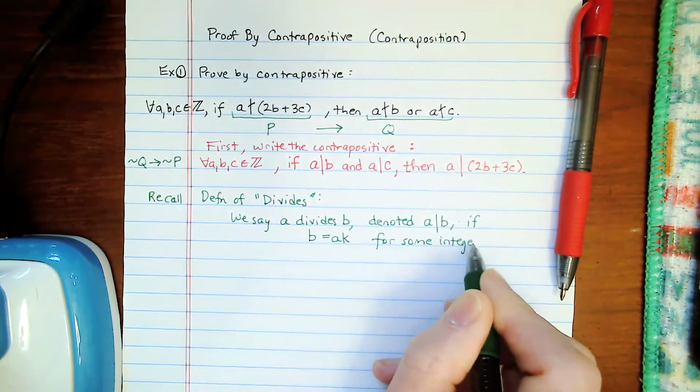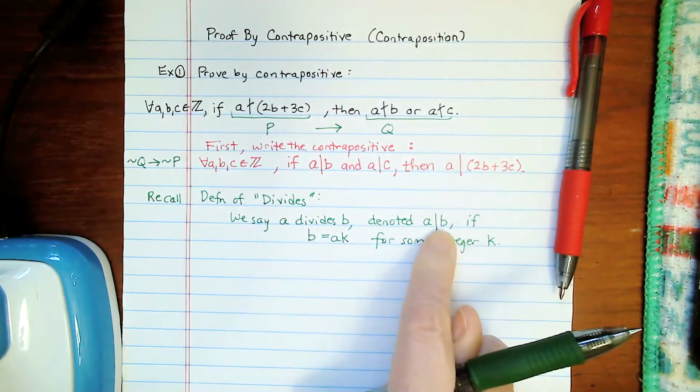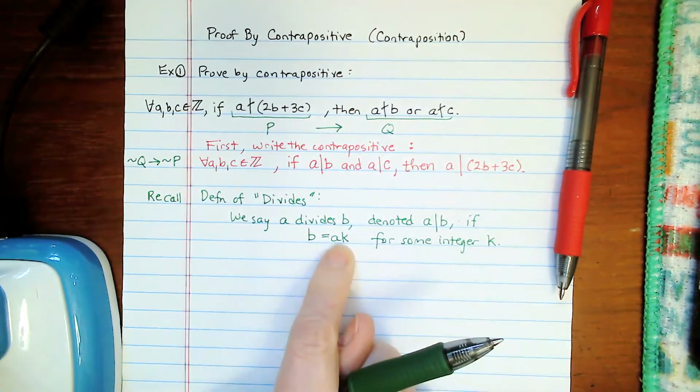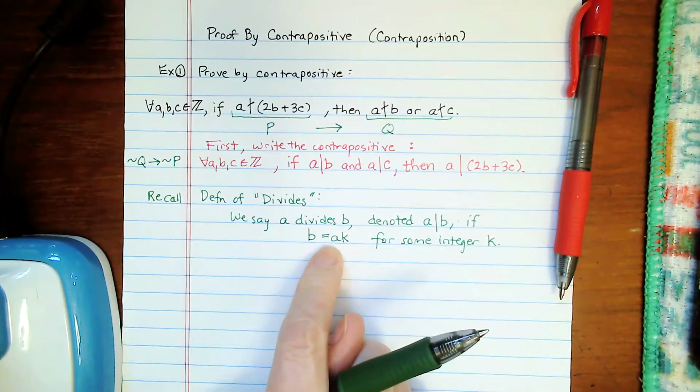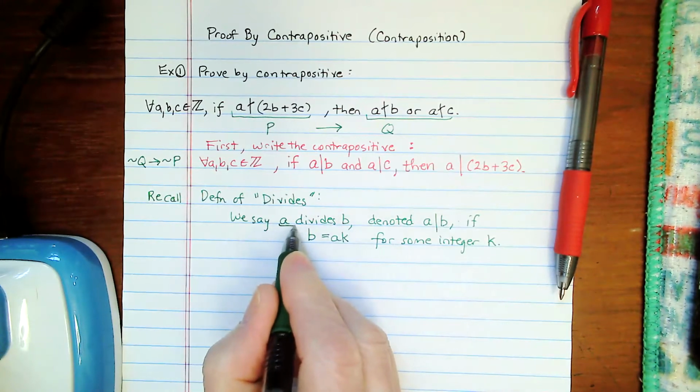In other words, a divides b if b is a multiple of a. That means a times an integer. Here we're using k.